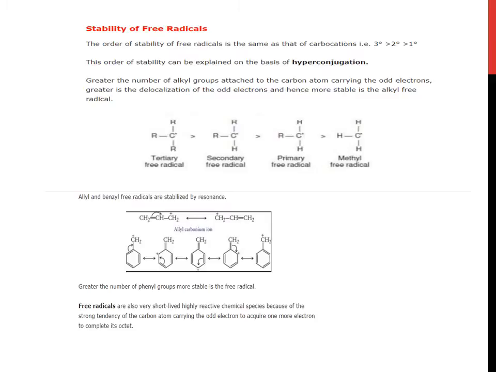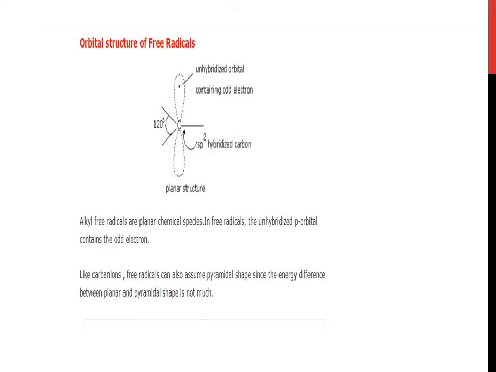Allyl and benzyl free radicals are stabilized by resonance. These two examples were done in the last video, allyl carbonium. So free radicals are also very short-lived, highly reactive chemical species because of the strong tendency of the carbon atom carrying the odd electron to acquire one more electron to complete its octet.